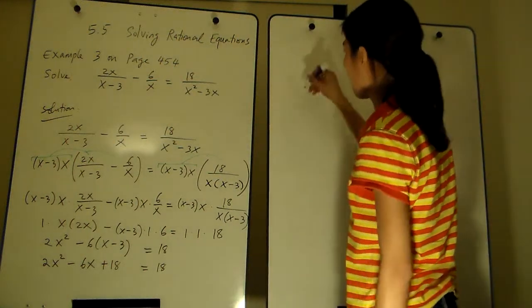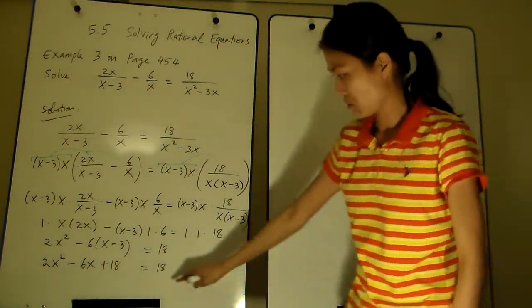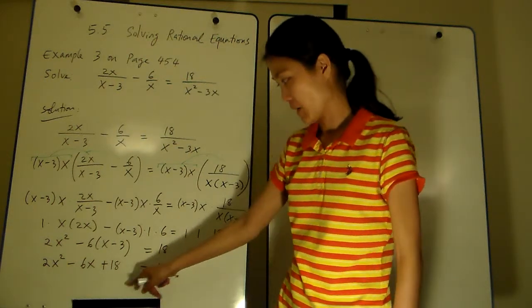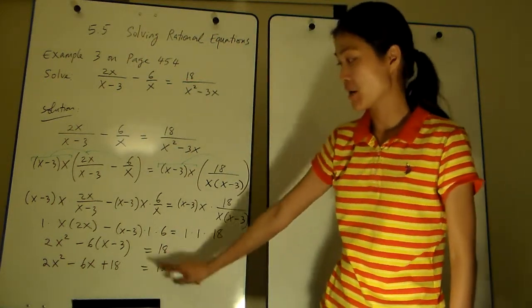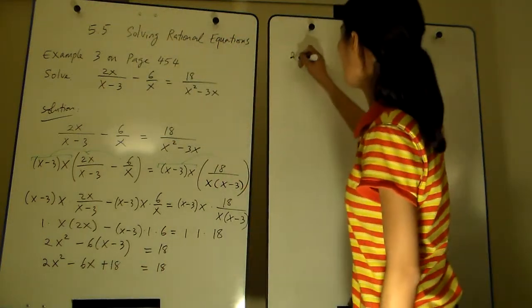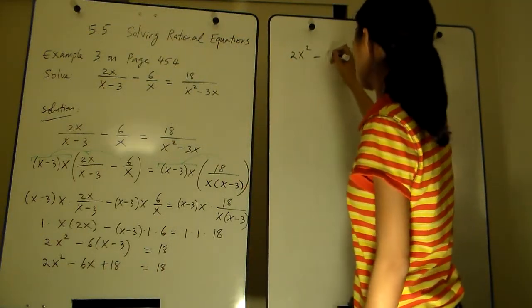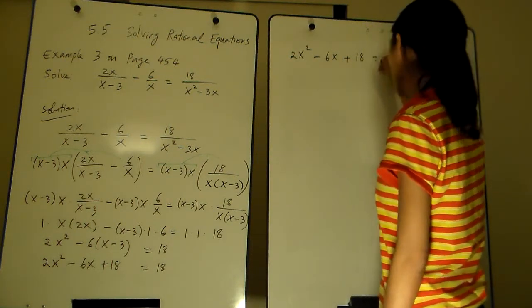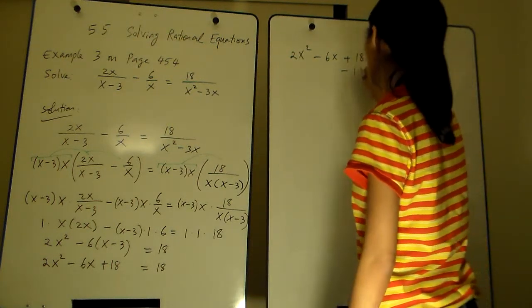Alright, so I'm going to move this constant term to the left. I can do that by subtracting 18 on both sides. So 2x squared minus 6x plus 18 equals 18. I'm going to subtract 18 on both sides.